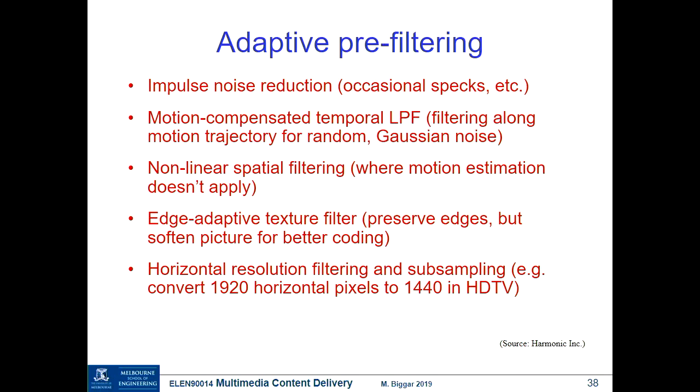But if we can intelligently filter the noisy kind of appearance, but preserve the main features of the image, then we're likely to be better off. We can also adaptively change resolution, for instance, if we want to. We could subsample if need be, if we're running out of bits.